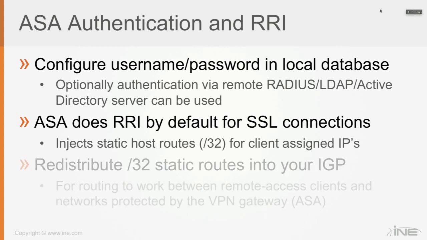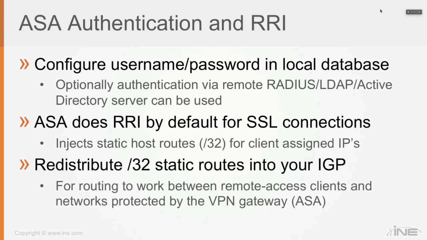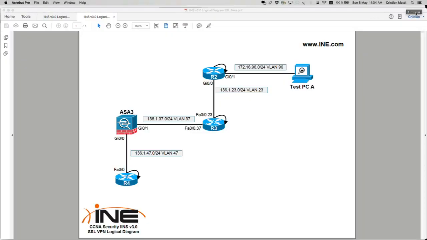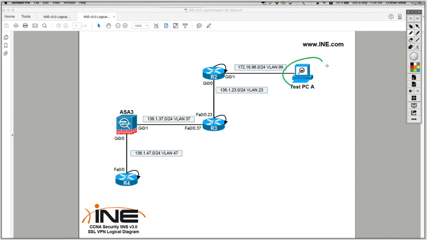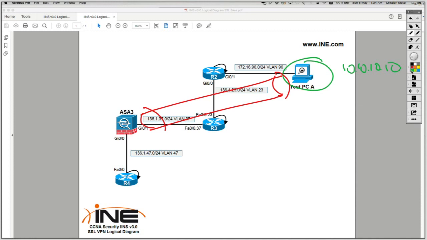The last thing we want to do is, of course, redistribute that static route into our IGP or BGP, depending on what routing protocol the ASA runs. Because as I stated, otherwise, when router 4 receives an IP packet sourced from the AnyConnect address of 10.10.10.10 through the SSL VPN tunnel, it has to be able to route packets back to 10.10.10.10.